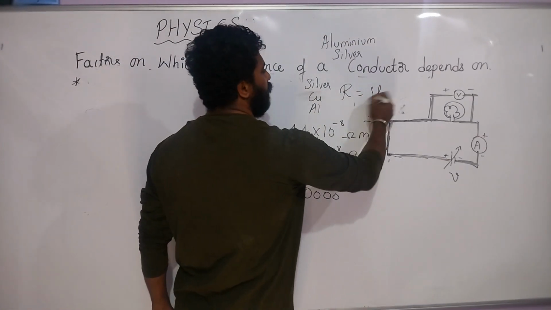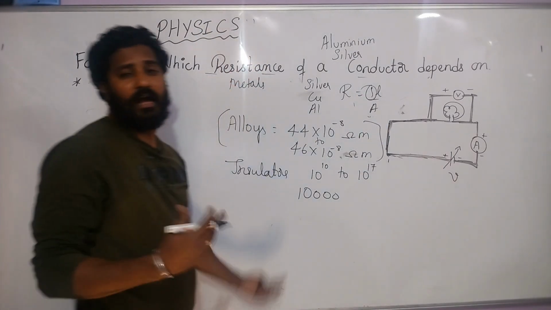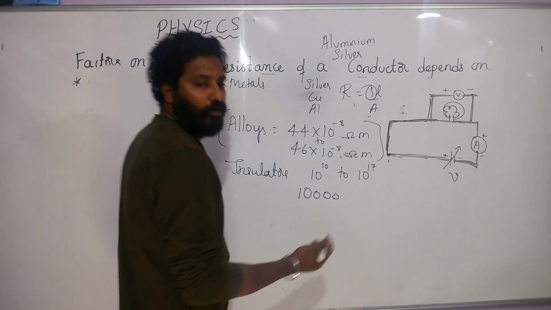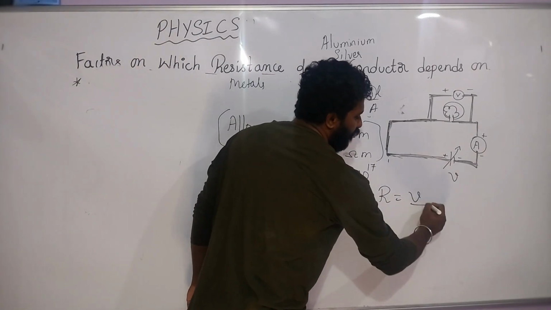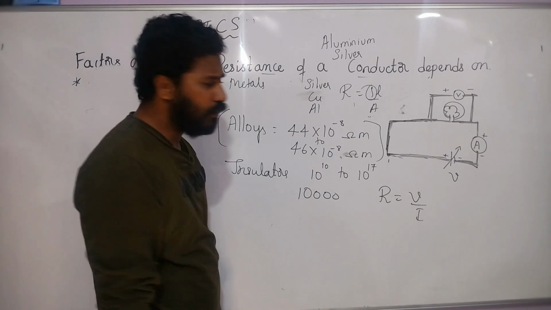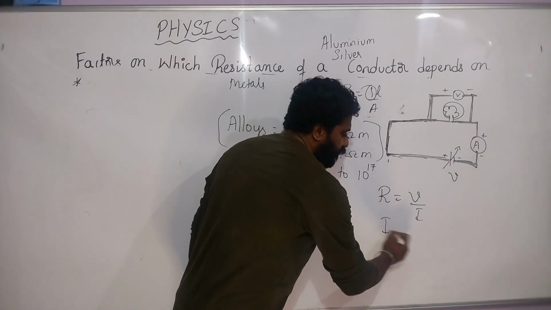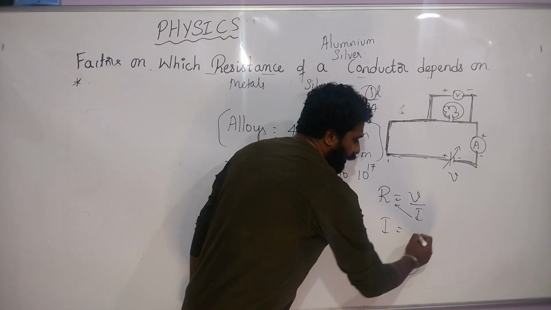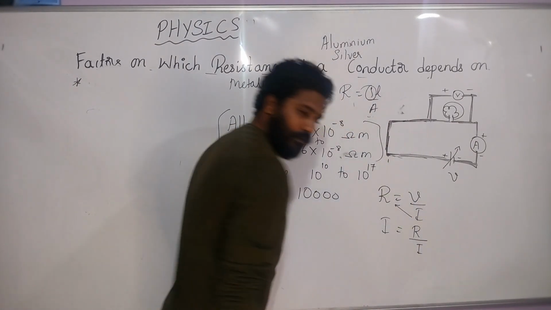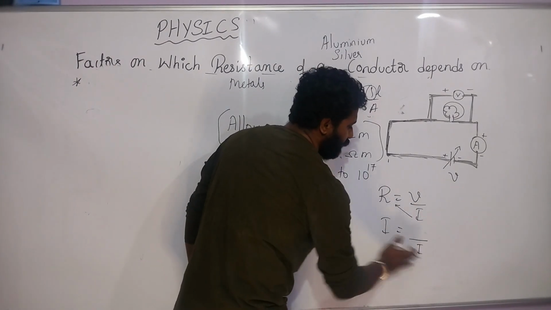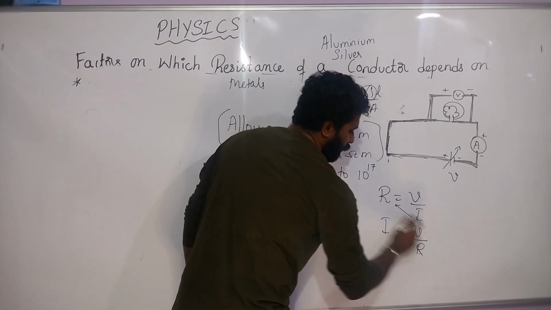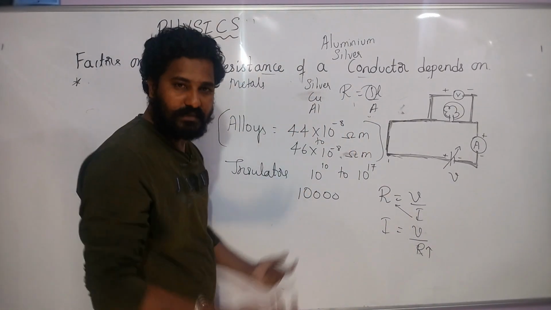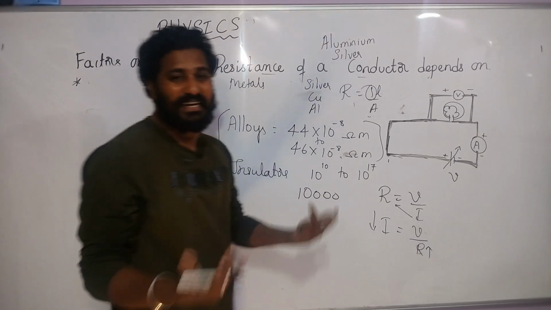So R equals rho L by A. Since resistivity is very high, the resistance will be very high. And we know that according to Ohm's law, R equals V by I. If you want I from this expression, R goes down and I comes here: I equals V by R. So as the resistance increases, the current flowing in the metal decreases.